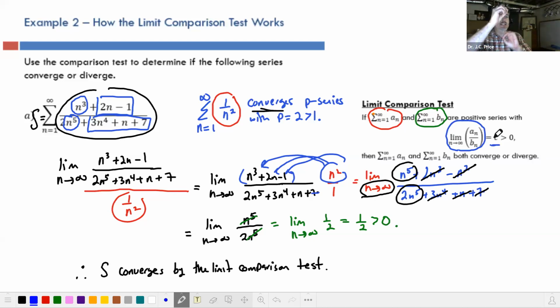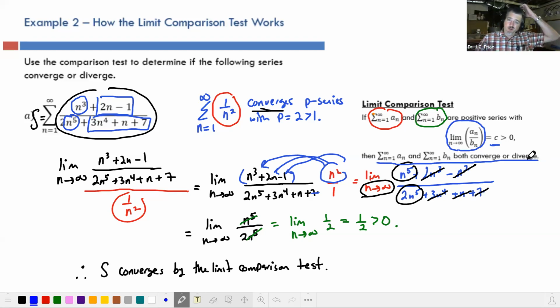So each term, when you divide the two, you get the same number. So it means basically each term is like a multiple of the other term in the very end. So at the end, one series is simply a multiple of the other series. And so if one series converges, the other one does, or if one diverges, the other one does, and vice versa. And so that's why we can conclude here that they both converge or diverge.